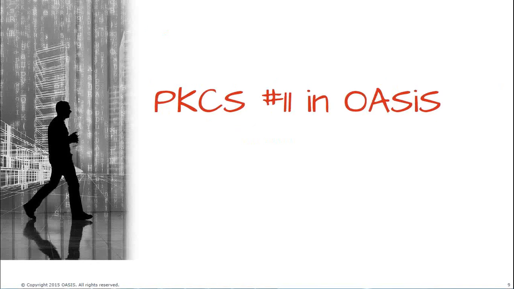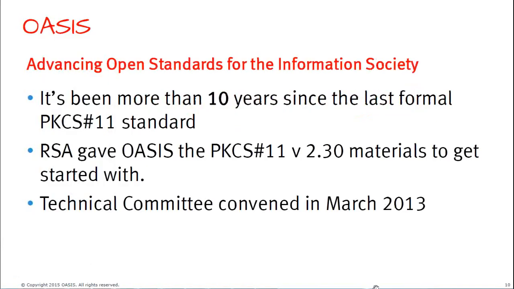Let me talk then about what we've done in OASIS and what it means for us in having the standard inside OASIS. Next slide. I've been involved in OASIS for a number of years. I was the co-chair of the key management standard KMIP, which we brought into OASIS back in 2009.